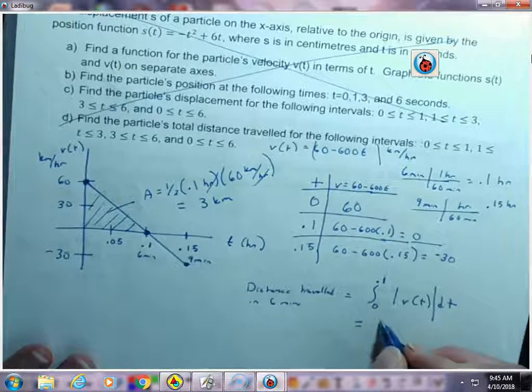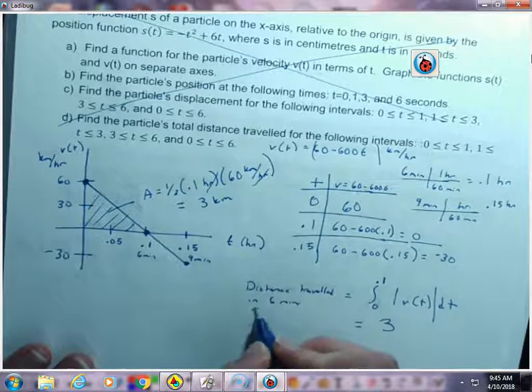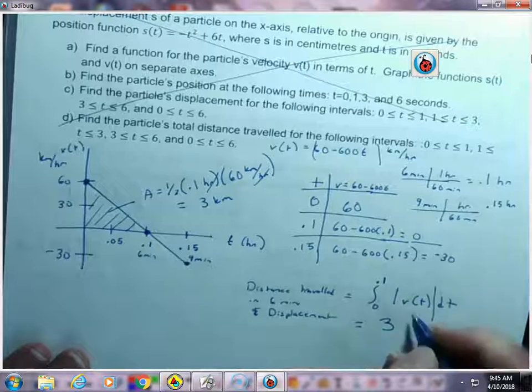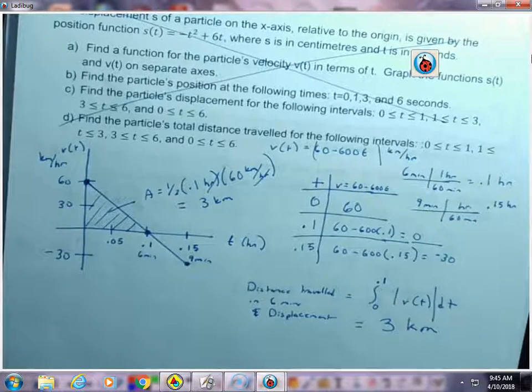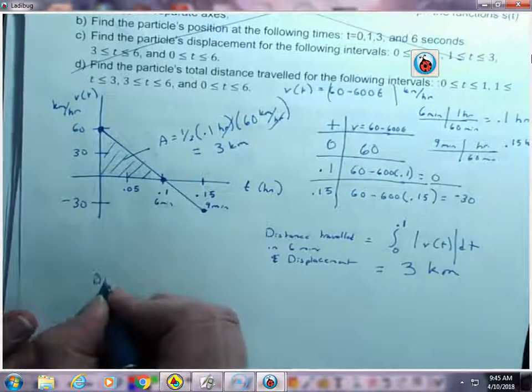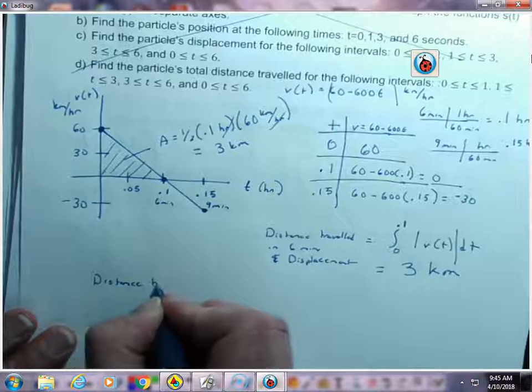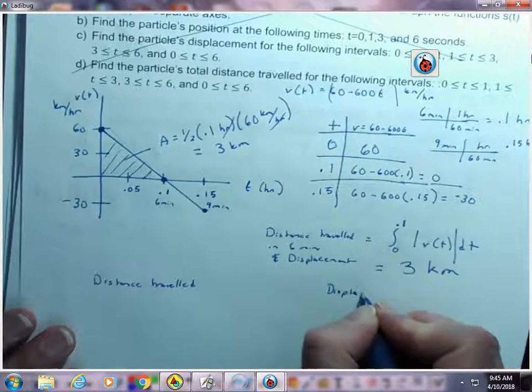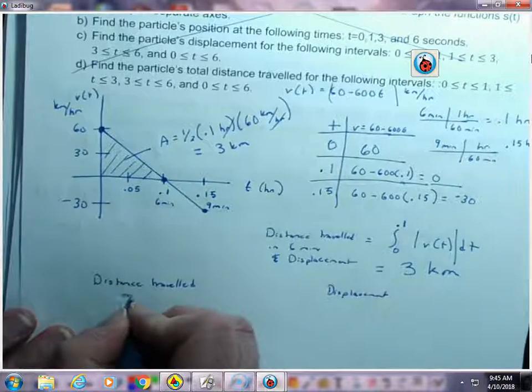It would be the same for distance traveled as displacement. So I'm going to say this is distance traveled and displacement is 3 kilometers. Okay, and then we're just going to do the same thing for 9. But they asked for distance traveled and displacement, so I'm just going to do both in 9 minutes.